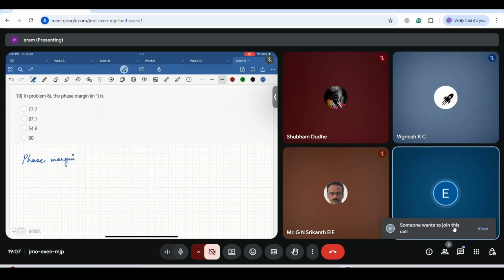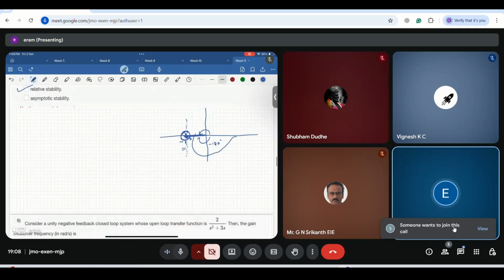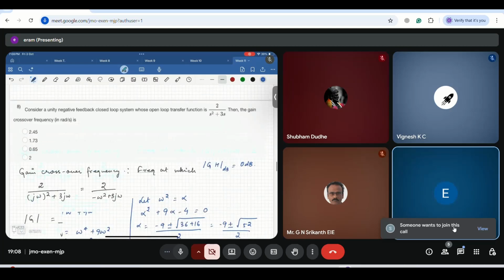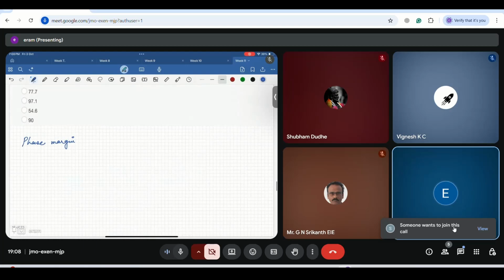We have seen here the critical point is minus 1 and its phase is minus 180 degrees. So how much phase lag needs to be added to the system such that the system is brought to the verge of instability? That's how your phase margin is defined.